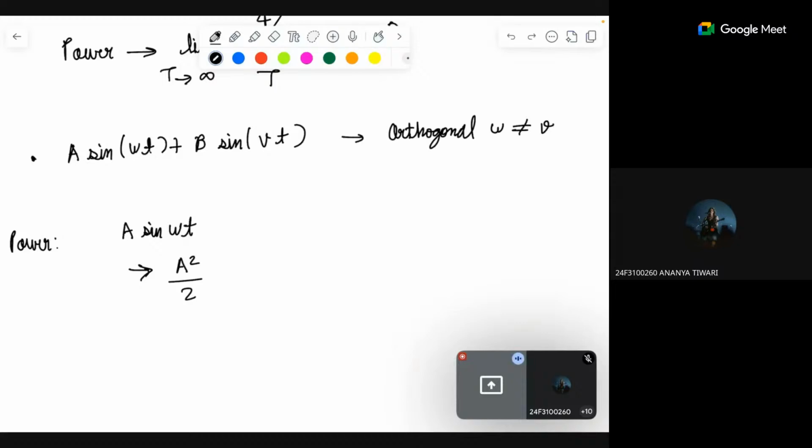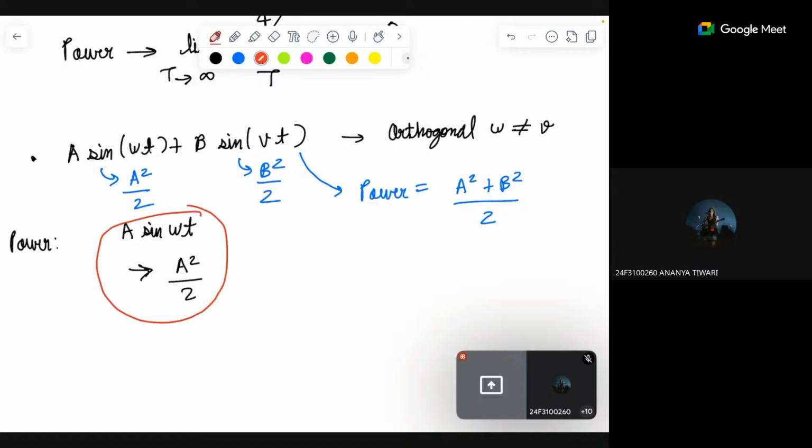Power will still stay a square by 2. So this has a square by 2, the power of this is b square by 2, so the total power of this signal will be a square plus b square by 2. You should remember this result to quickly solve problems.